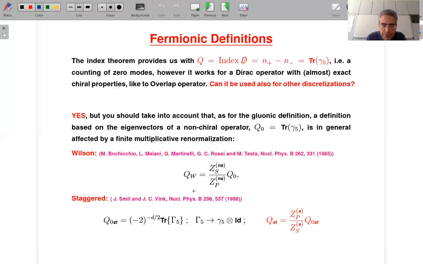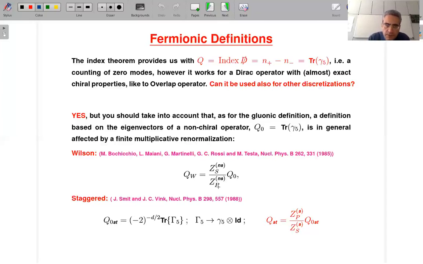We have this relation which relates in some sense the correct definition of topological charge to this naive one, and it has a multiplicative renormalization. It can be proven by working with the chiral Ward identities on the lattice.